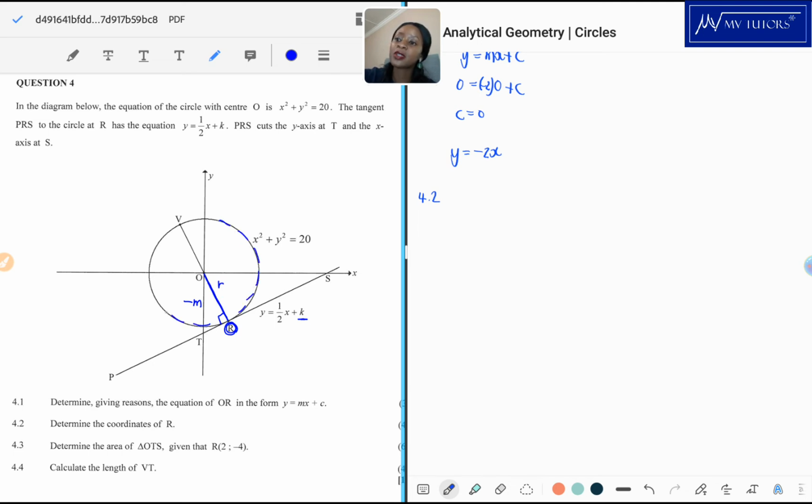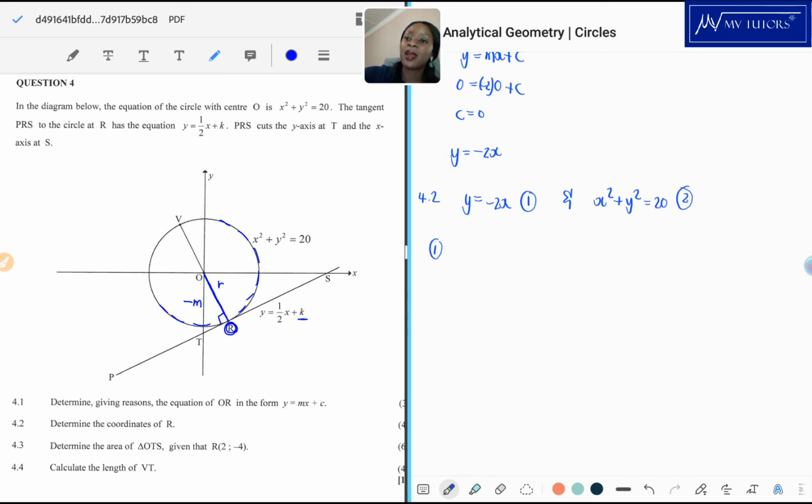So what I can do, because I have the equation of the circle, I can use this straight line OR. Okay, so my first equation, I would say y is equal to negative 2x. That's my first equation. And my second equation, I have that x squared plus y squared is equal to 20. That is my second equation.